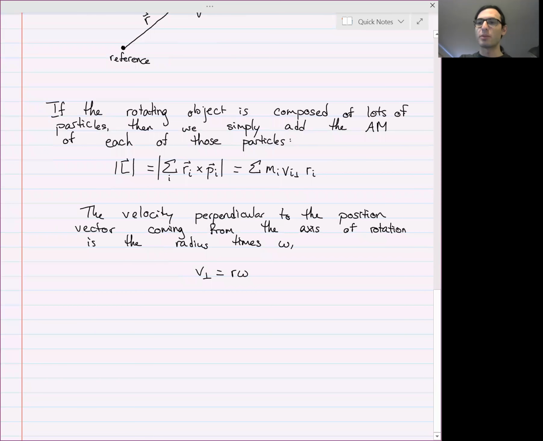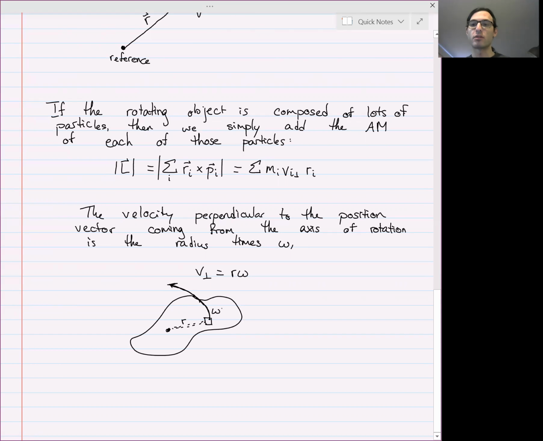The picture here is, if you have some extended thing, here's your axis of rotation. If this whole thing is rotating, the perpendicular aspect of its velocity relative to this axis is just its tangential speed. So that's why v perp is just r omega, where r is the distance here.